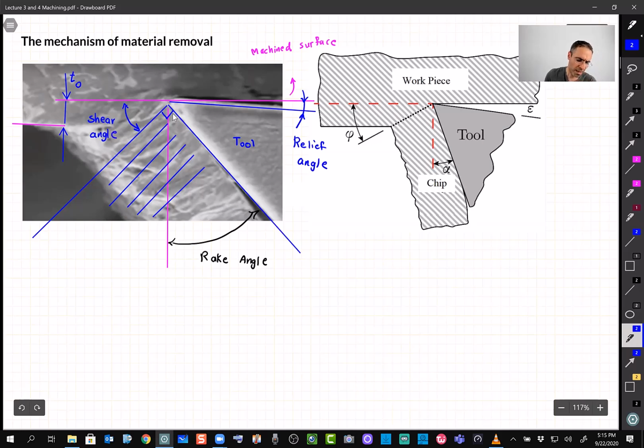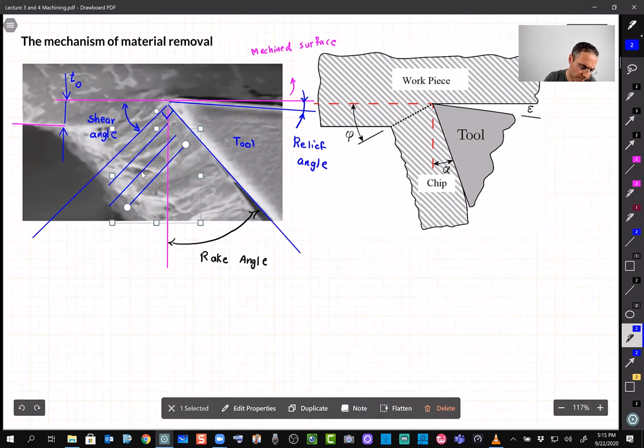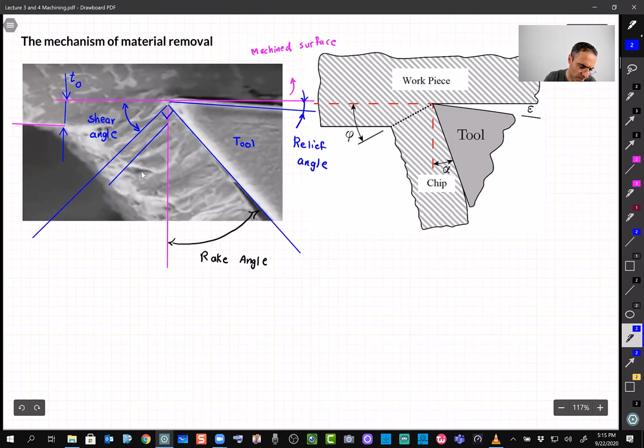All right. What else can we say? Well, the part of the material that has been removed and starts separating from the main part, we call it chip. So let me get rid of these lines. All right. So this is what we call chip.